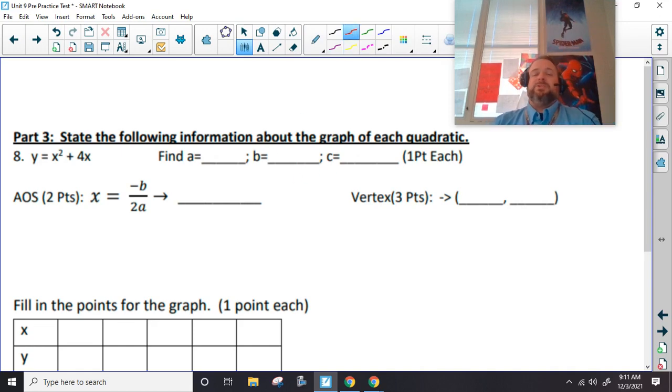Now, for this one, you actually get these for 1 point each. It went down a little bit because you should know what A, B, and C is by this part of the test. Okay? All right, so what is A? 1. What is B? 4. C is 0. Because remember, it looks like this.